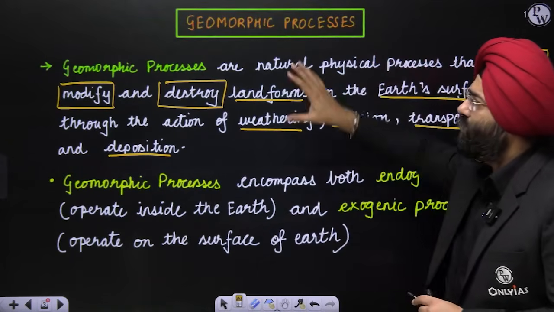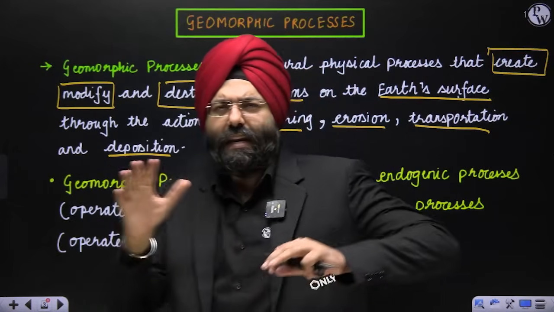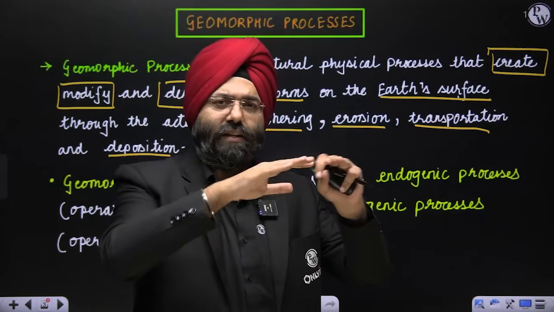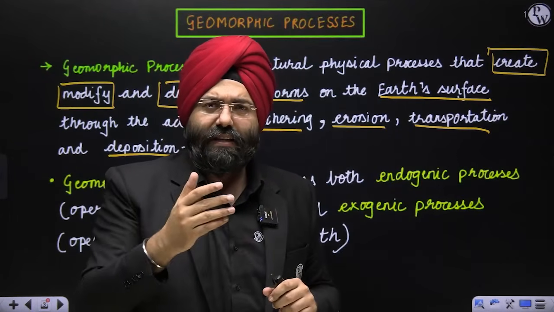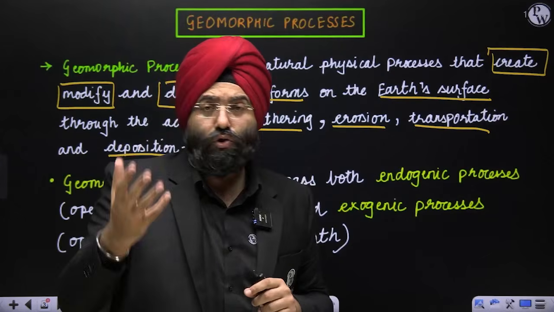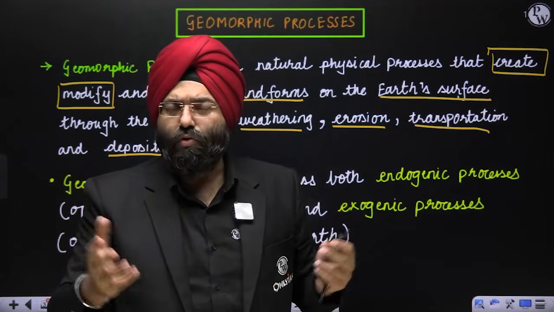So overall, what you need to understand is, let us say there is a landform, any part on the surface of the crust, you will see that it is going to undergo various erosional processes. Erosion possibly by river, erosion by glaciers, erosion by wind.